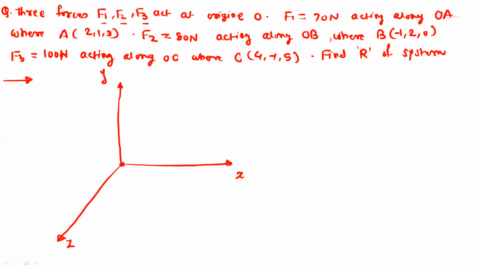Consider the first force F1, its magnitude is 70 Newton and it is passing through the point A (2, 1, 3). Then F2 is 80 Newton, passing through the point B (-1, 2, 0).